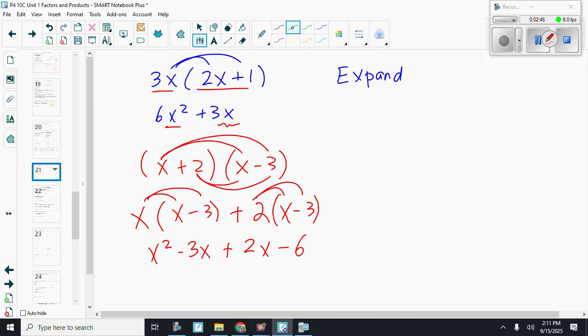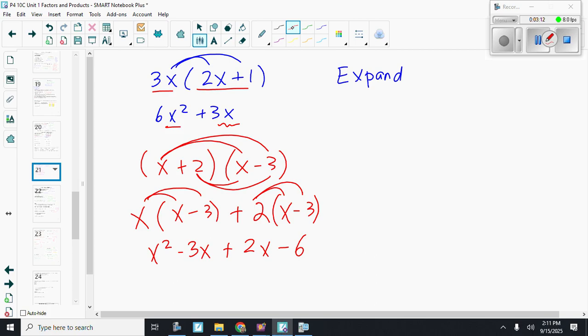Some people were still including brackets, which was okay sometimes, but sometimes it messed you up because suddenly you saw brackets, and instead of just collecting like terms, you thought, no, I have to multiply because I see brackets. So once you've multiplied through the brackets, feel free to drop them.